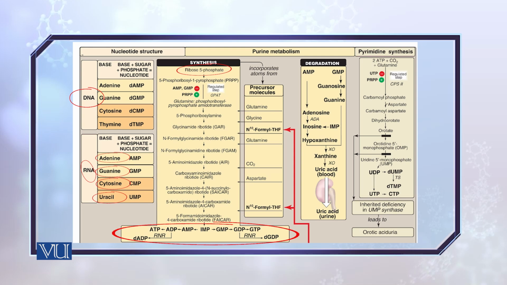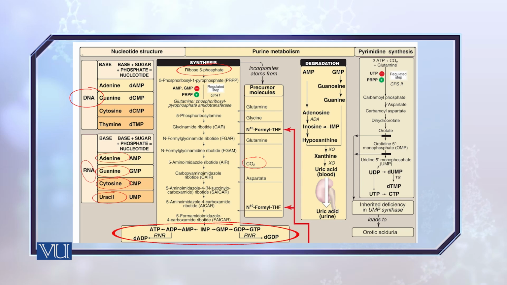We have been saying again and again that the major structural components of these nucleotides come from amino acids, for instance glycine, glutamine, and aspartate, and also N-formyl THF, tetrahydrofolate, while the carbon is provided by carbonates or carbon dioxide. Then of course this was the synthesis.